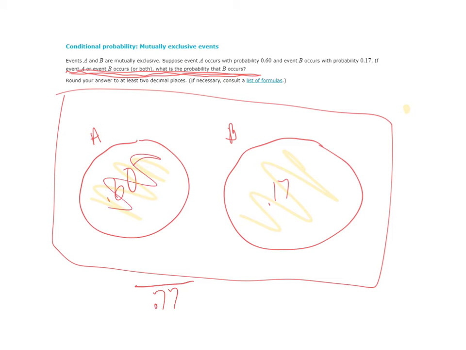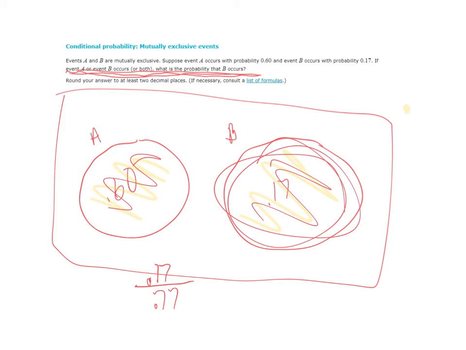If one of these occurs, what's the probability it's B? So that's a 17, because that's B, 17 out of the combined 77. So again, 0.17 divided by 0.77. Type it in your calculator, get your answer, 0.2208.